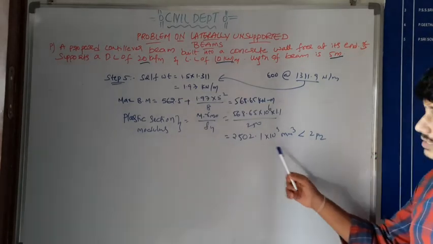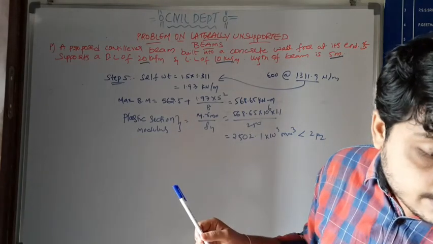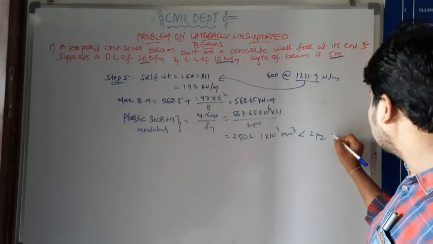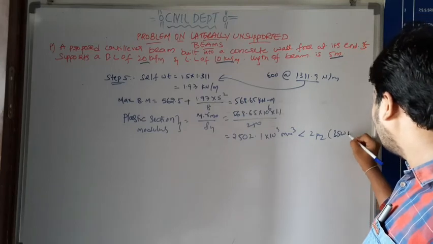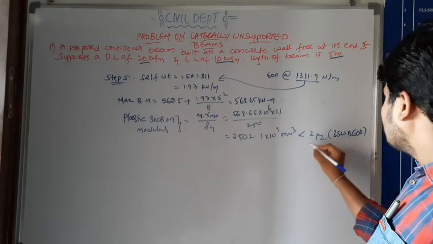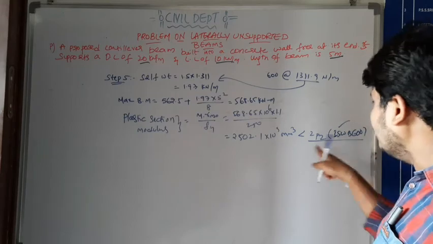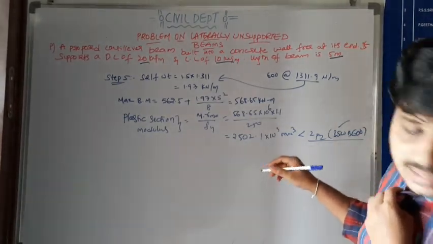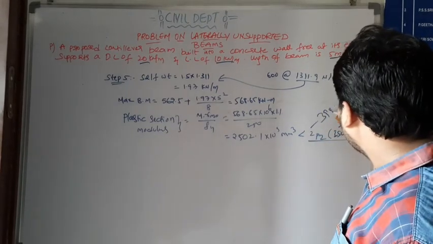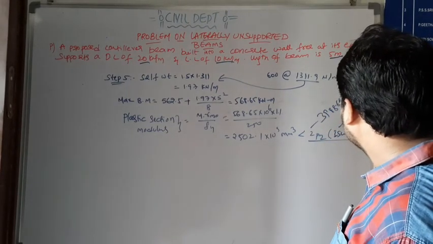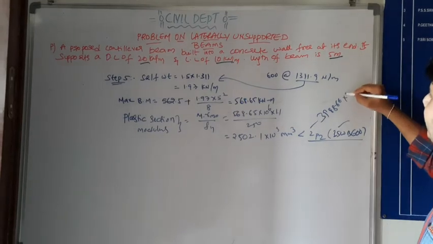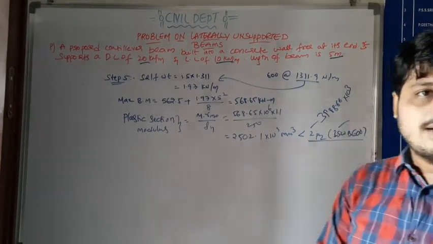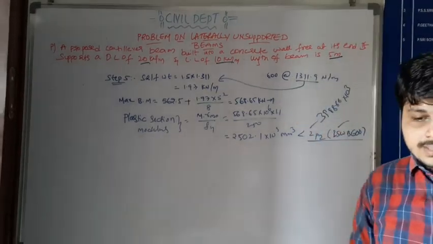For the section ISWB 600, the value of ZPZ is 3988.66 into 10 cube, which is greater than the required value. So this is step 5.